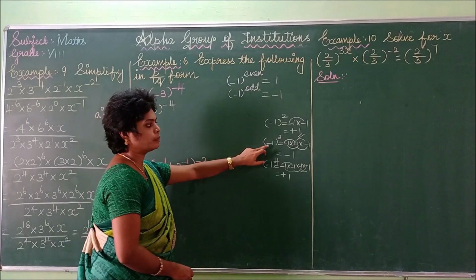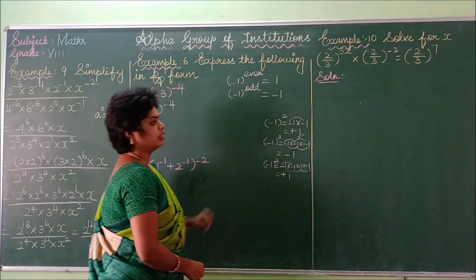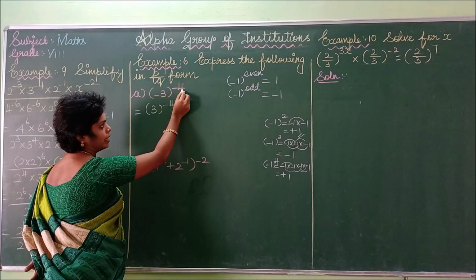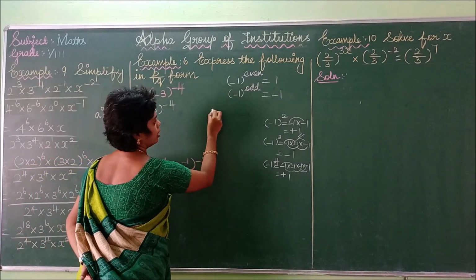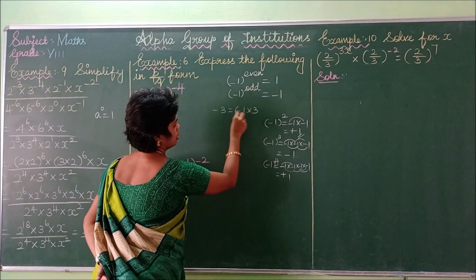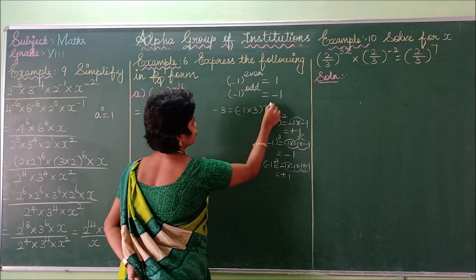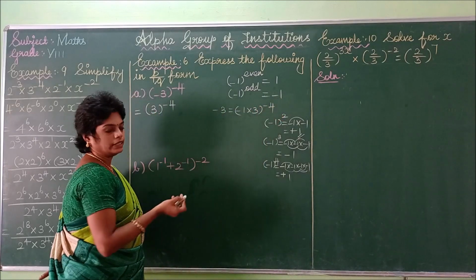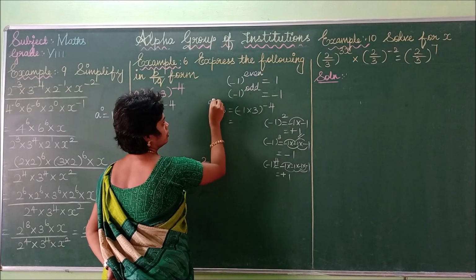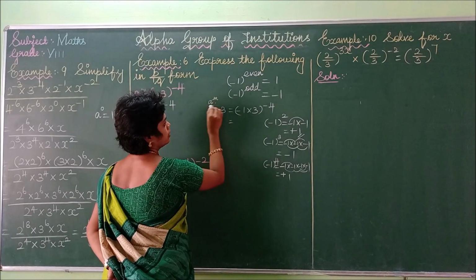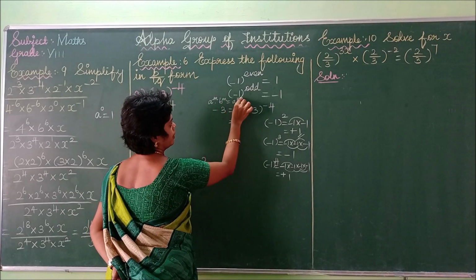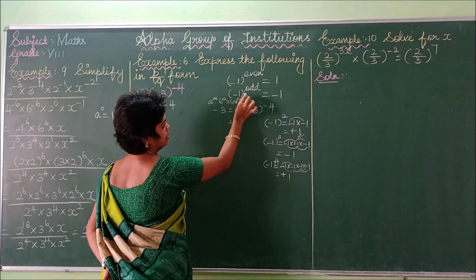For example, take (-3)^-4. Listen here. Split and write: how can we write -3? As (-1 into 3)^-4. You already know one identity: a^m into b^m is equal to (ab)^m.